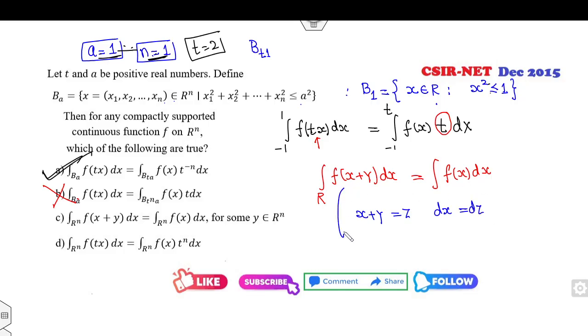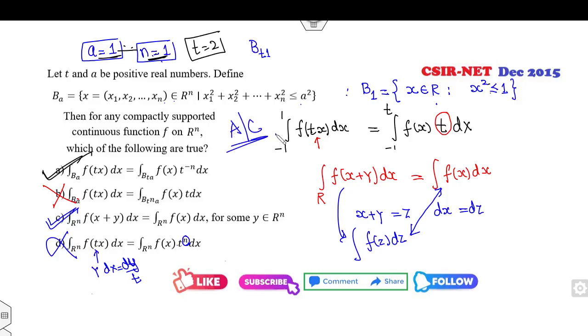If you substitute this equation, it is f of z into dz, and you can see both are the same. Again, the fourth option is cancelled because n is my 1. Fine. But if you consider this is my y, then dx will be dy upon t, but it is in the numerator. So this option is cancelled. A and C are the correct answers of this problem.